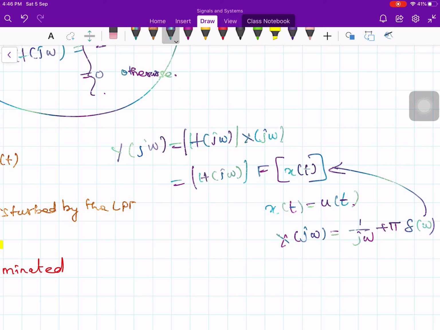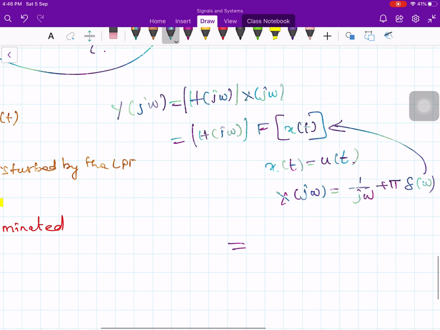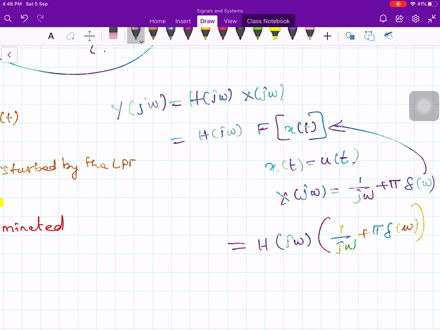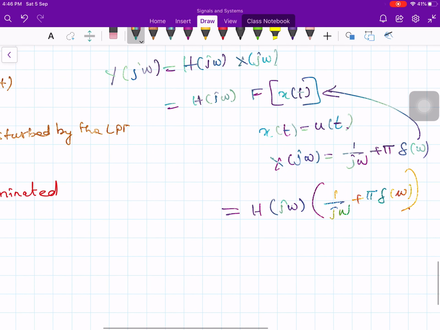So this is going to be H(jω), let us not consider the magnitude here, let it be as it is, times 1 over jω plus π times δ(ω). This is your Y(jω), the Fourier transform of the output. Now we wanted to know how it looks in the time domain.